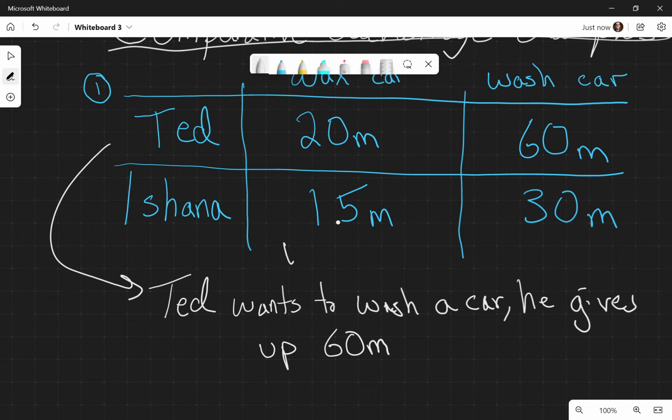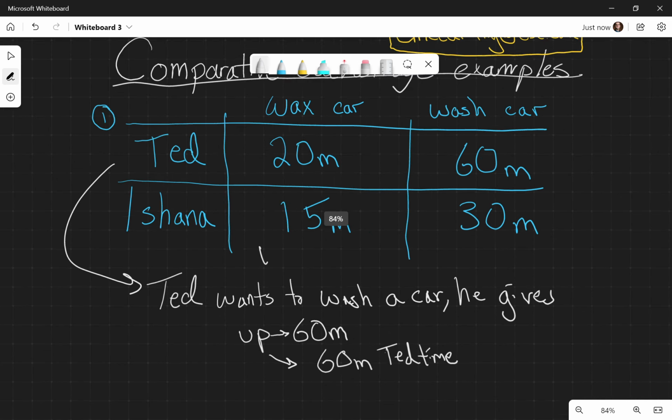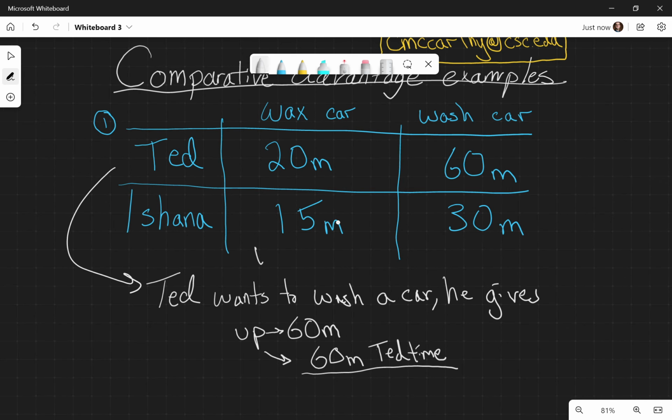And if we wanted this to be in terms of how many waxes Ted gives up, we could think about it as 60 minutes of Ted's time divided by the 20 minutes that it takes for Ted to wash a car.